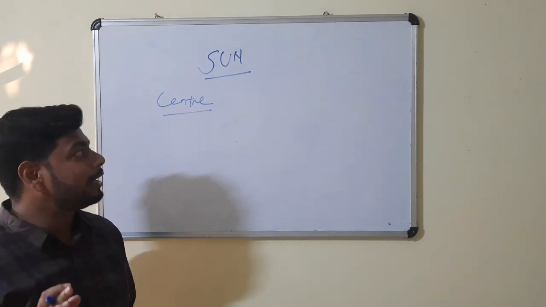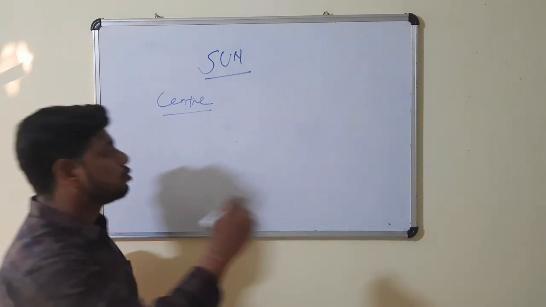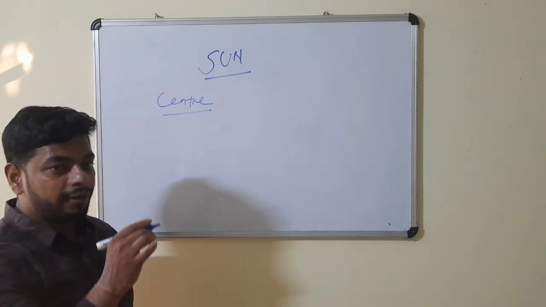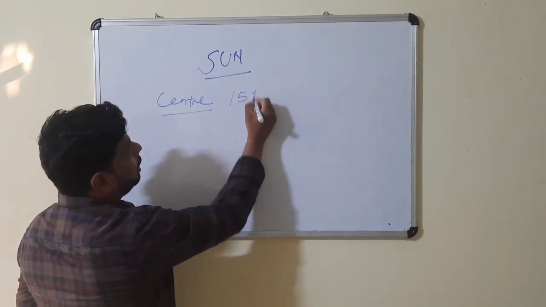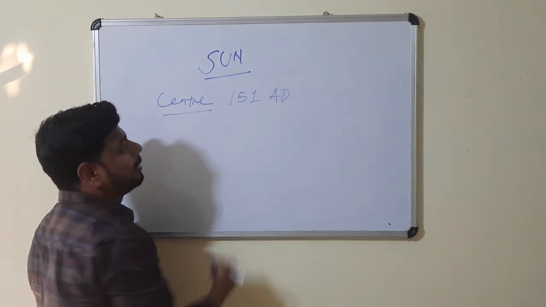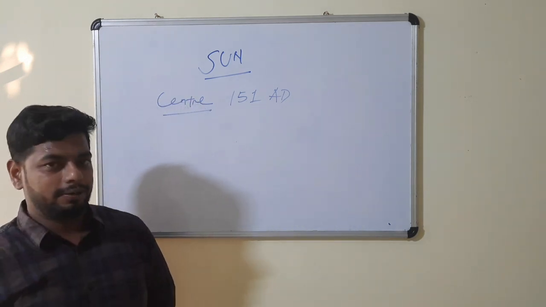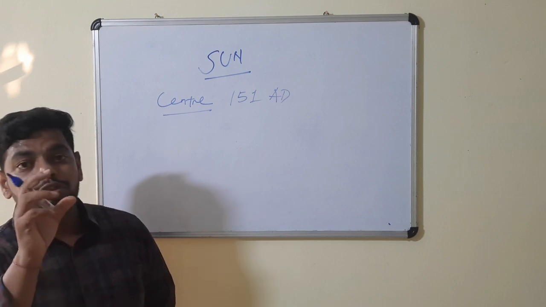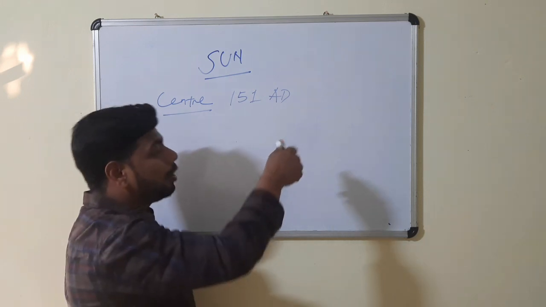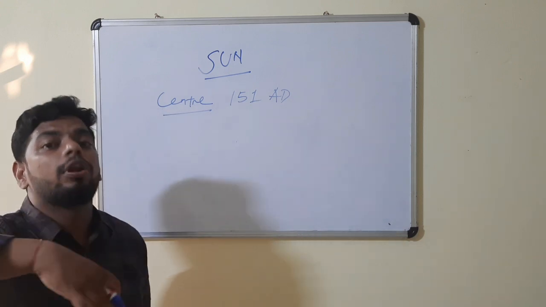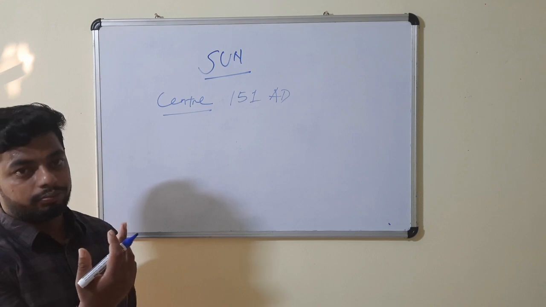In 151 AD, the astronomer Ptolemy put forward the geocentric view, saying Earth is at the center and the other planets, moon, asteroids and meteorites go around the Earth.